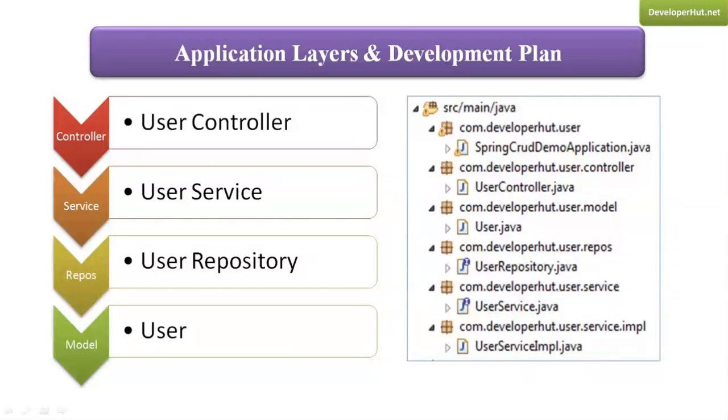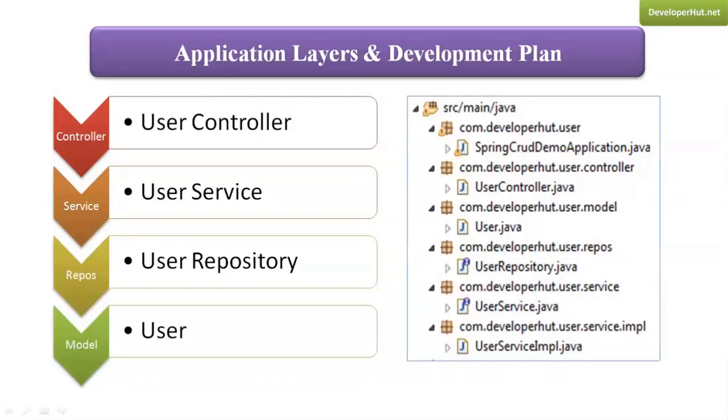Then next is the service layer. This service layer is used to declare and define the business logic. Business logic is very important in any kind of web application, because all the requests coming from the controller first go to the service, and the service layer defines what to do with that request and how to manipulate it. It applies certain business logic, for example validation, and then the request proceeds to the next layer.